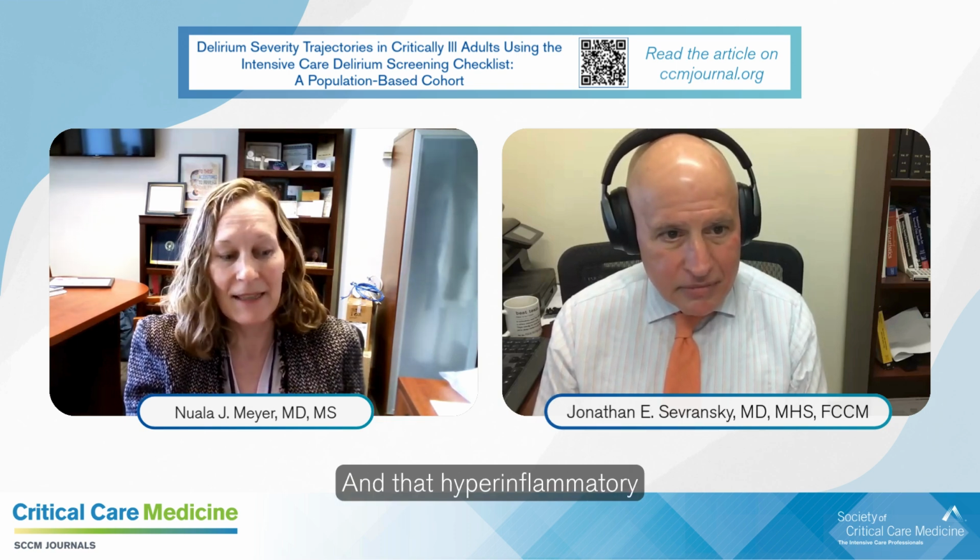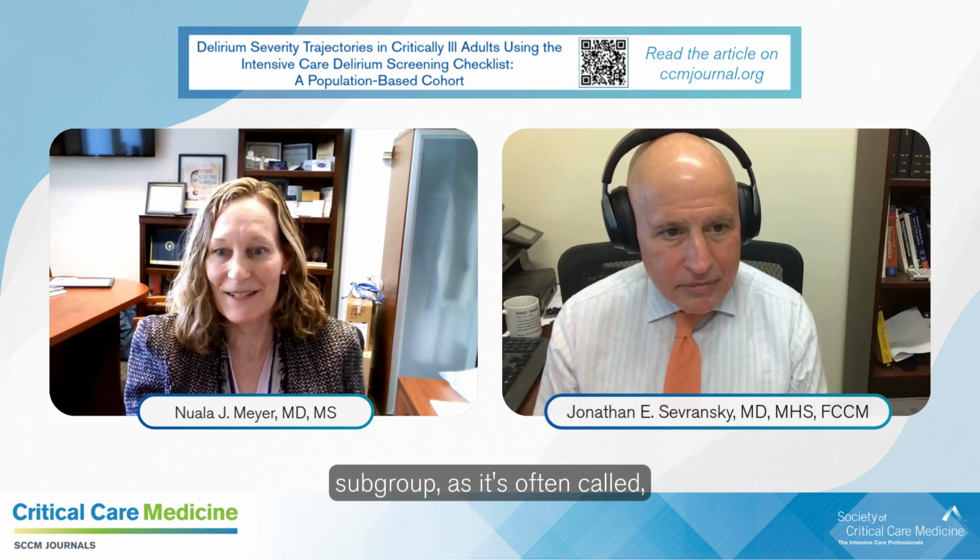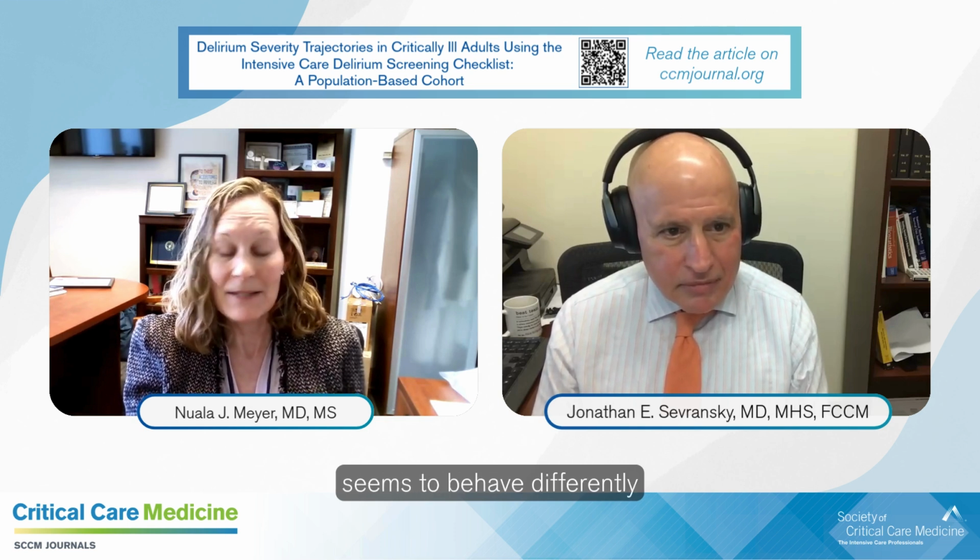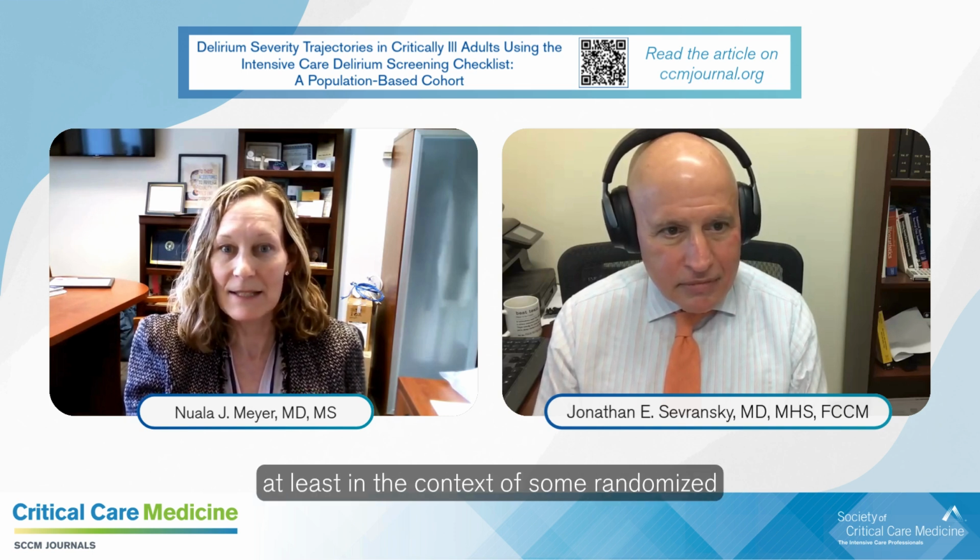That hyperinflammatory subgroup, as it's often called, seems to behave differently than less systemically inflamed patients, at least in the context of some randomized trials, including recently Pratik Sinha showed this for activated protein C.